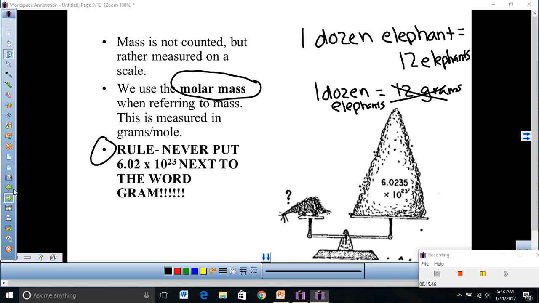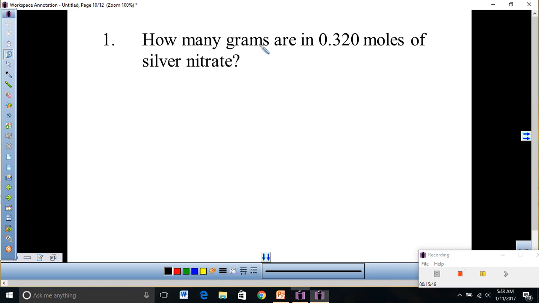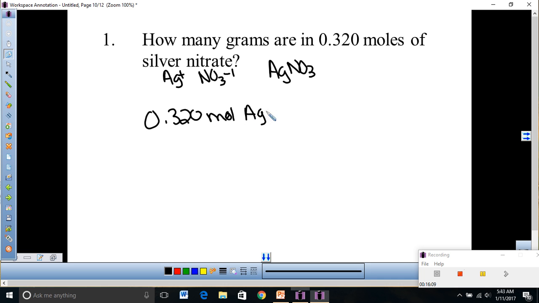So let's begin. It says how many grams are 0.320 moles of silver nitrate. Silver is Ag, so positive 1. Nitrate's NO3, negative 1. So our formula is AgNO3. So we're going to begin. You will have mole AgNO3, and we'll put that over 1.